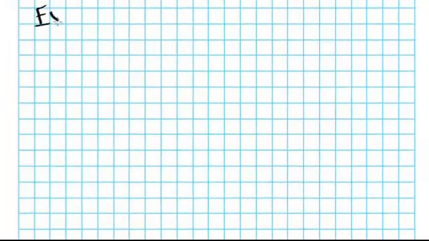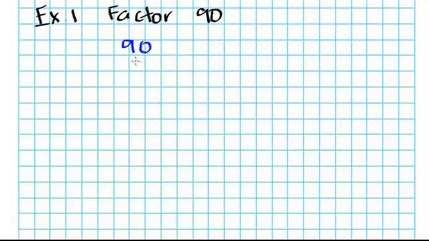Example number 1. We're going to factor the number 90. When we find factors of 90, we have to think of two numbers that can divide 90.